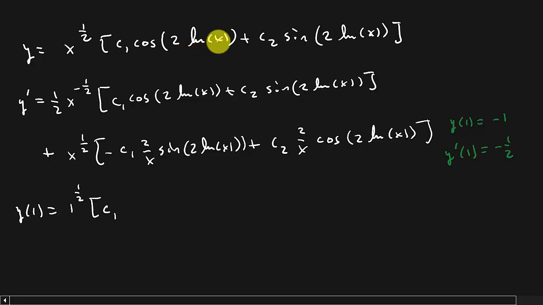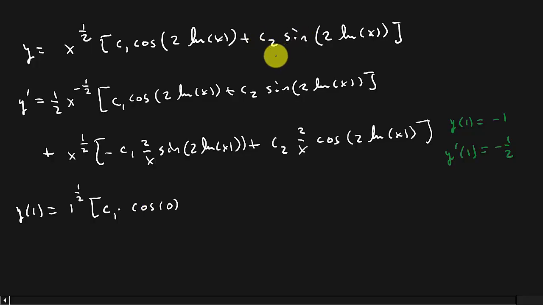I'm going to plug 1 in for x. Natural log of 1 is what? 0. So let's write cosine 0. Cosine of 0 is, well, we know cosine of 0 is 1, but we won't write that just yet.